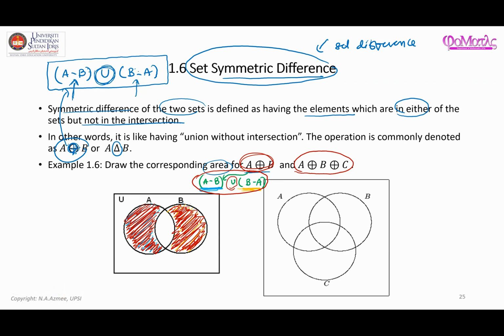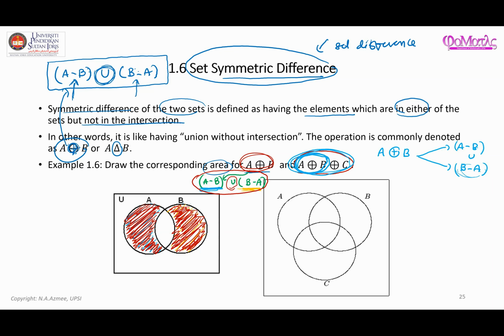Now let's go back to this problem, where I'm going to segregate the big problem into smaller problems. First I'm going to focus on this part here, which is the symmetric difference of A and B. I know that for this one, I need to consider the area of set difference A and B, and B and A. So the process involved here is the union between this set difference and this one.